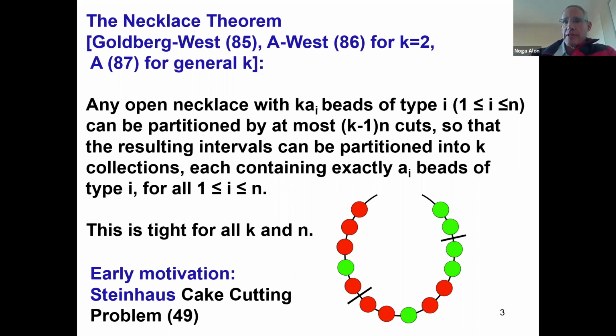Already in '38, he posed the ham sandwich theorem, which was posed by him and solved by Banach. It's also a result of the same flavor, and actually, as I mention later, it's really closely related to this necklace theorem, at least for k equals 2.